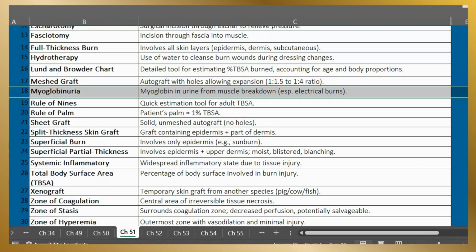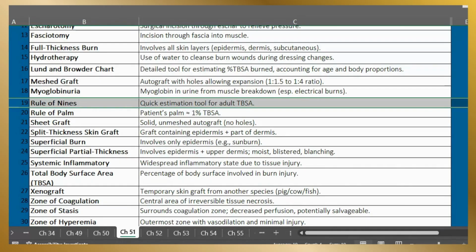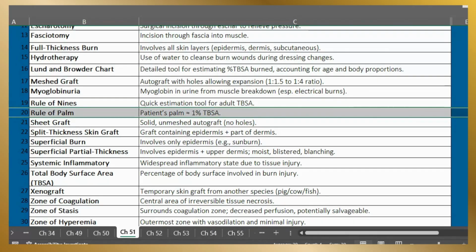Rule of nines, we know this quick estimation tool for the total burn surface. It's used in the emergency setting for initial fluid calculation. And rule of palm, the patient's palm is about 1%.